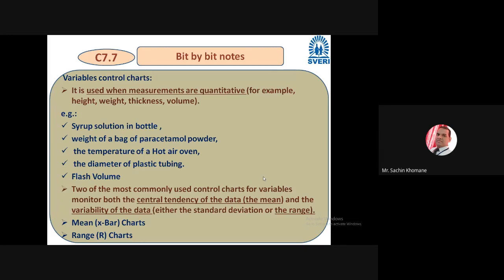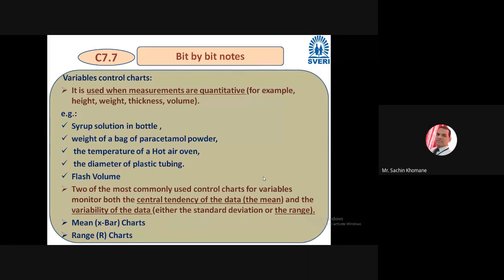There are two types of variable chart. First one is a mean chart or x chart or x bar chart, and second is an r chart or range chart. All of you know arithmetic mean, all of you know range, in statistics.